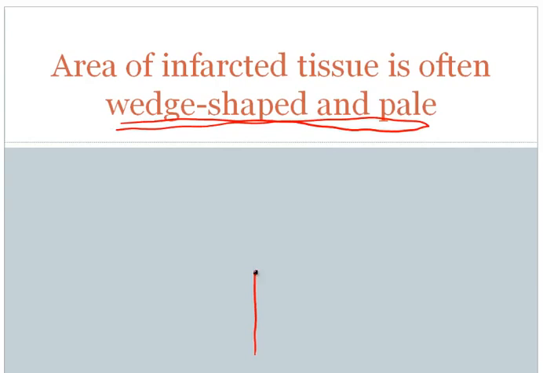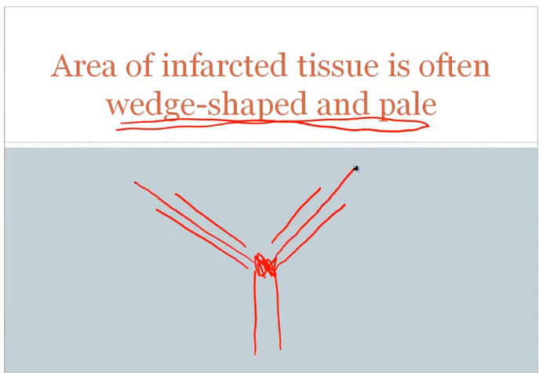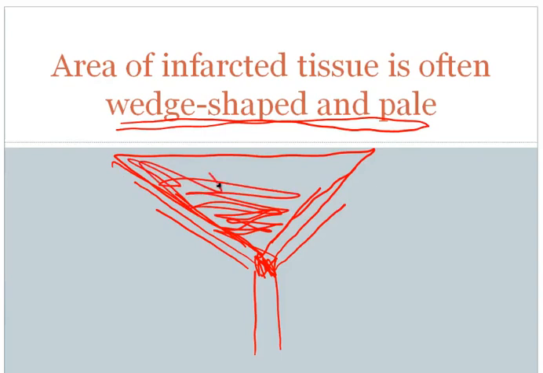So let's say that there is a vessel coming this way, and then there's a branch point here, and then another branch point here as the artery branches to feed the organ. If you cut the blood supply here, everything from this vessel and everything on this vessel is going to die, and everything in the distribution of this area will become a wedge-shaped area of necrosis.